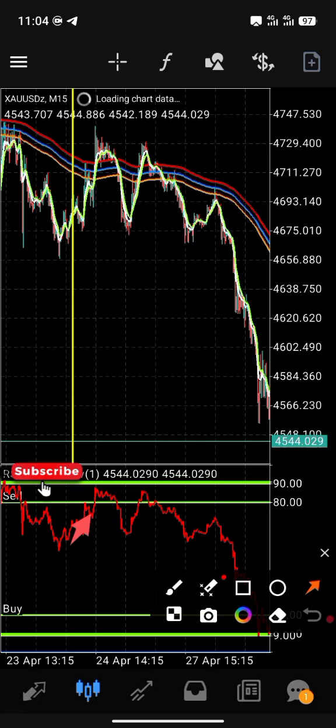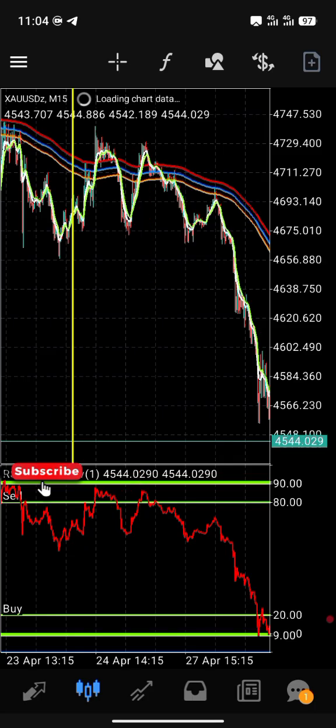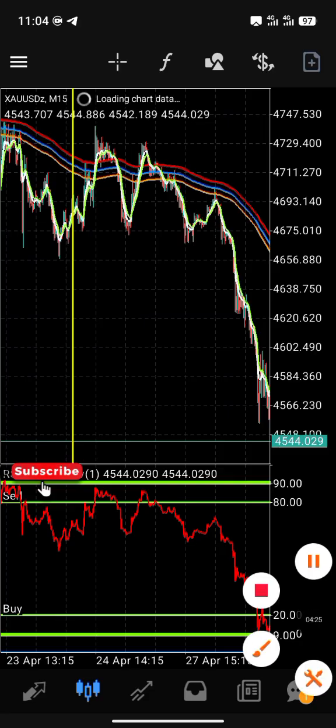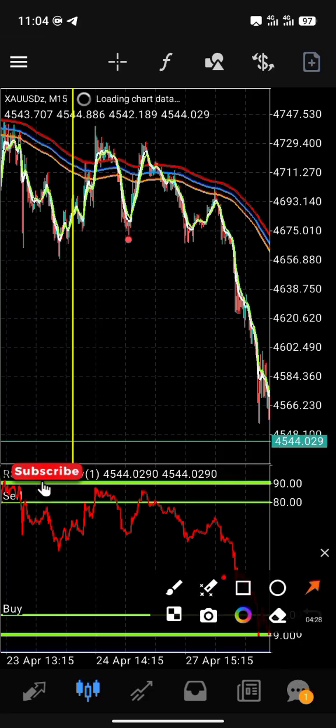It already touched, but I would normally have waited for it to touch this order zone, the 90 level. That is more confirmation. So if I was waiting for the 90 level, that means we're right here. Good. So my entry would have been from this point.